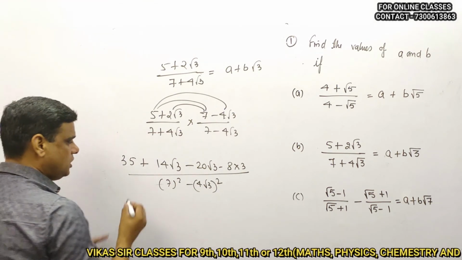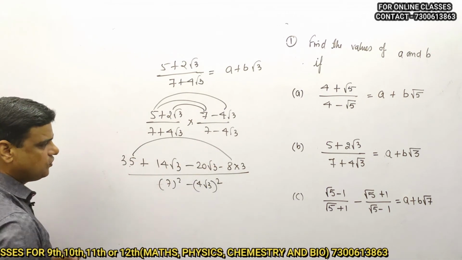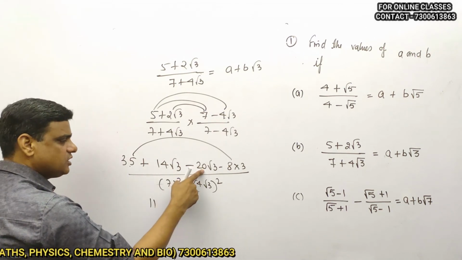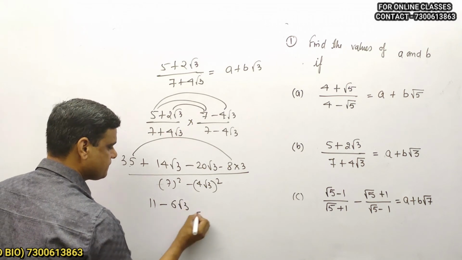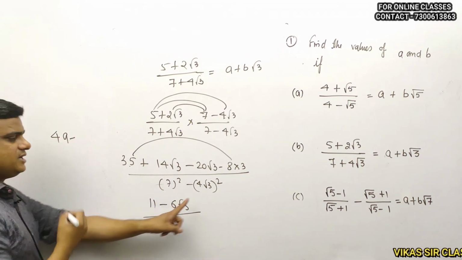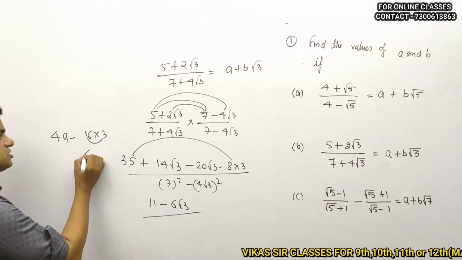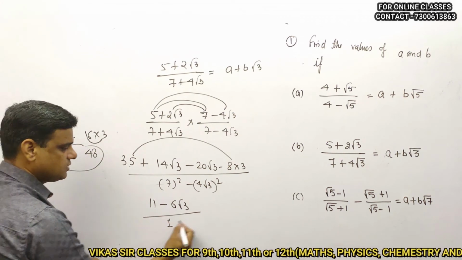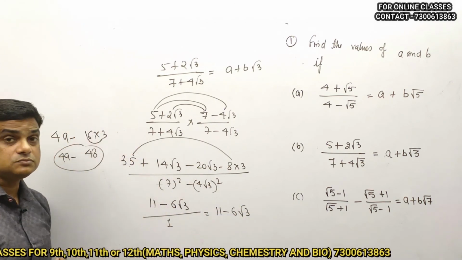Okay, now see 35 and minus 24, 35 minus 24 is 11, 20 root 3 minus 14 root 3 is 6 root 3. 7 square is what? 49, minus 4 square is 16, root 3 square is 3, 16 3s are 48. So 49 minus 48 is what? 1. So our answer is 11 minus 6 root 3.